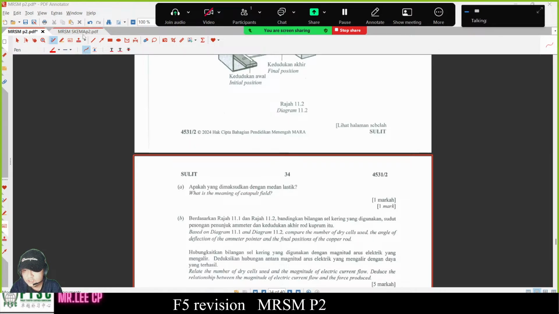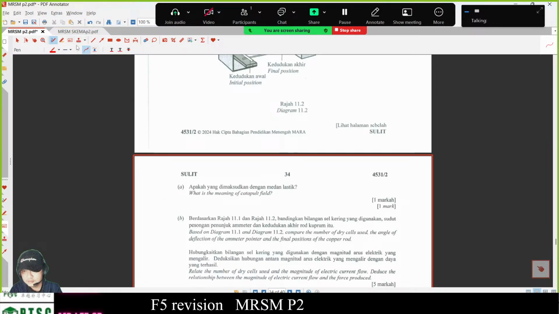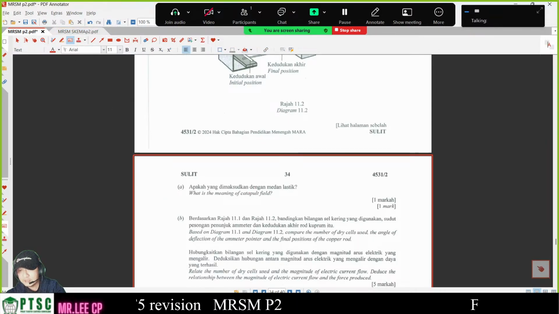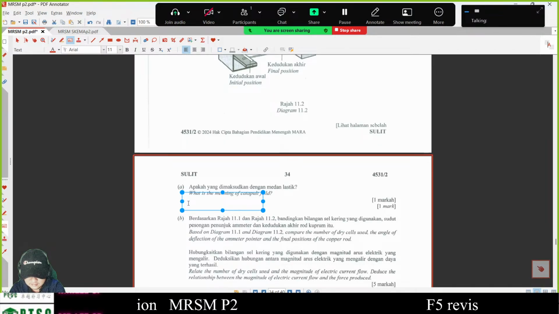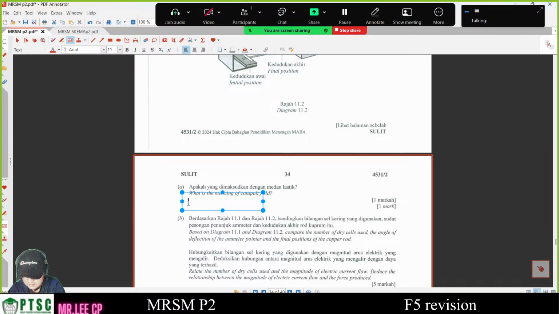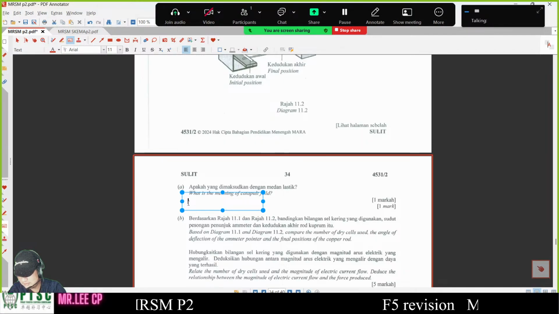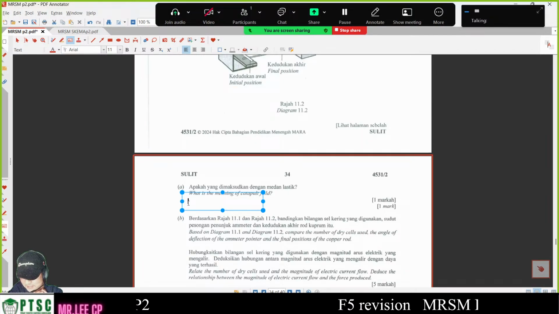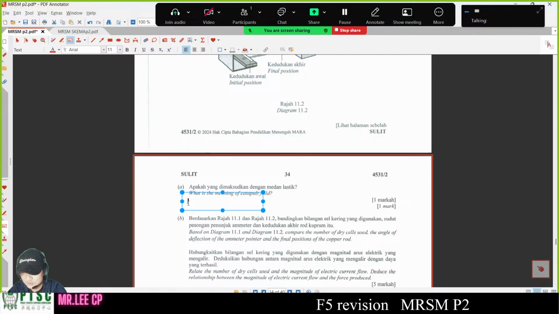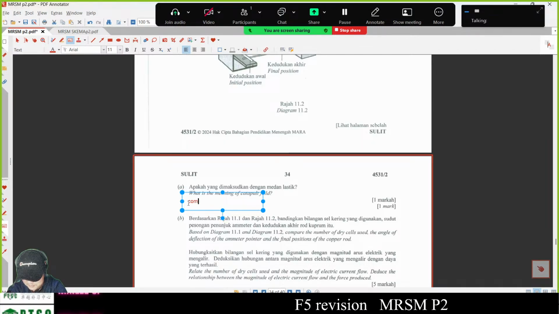What is the meaning of catapult field? It is the current's field and the magnet's field combined together. So how am I going to put it into words?